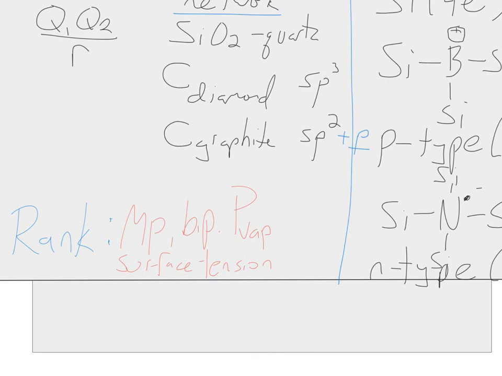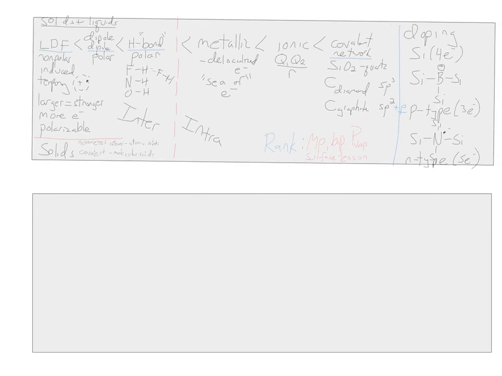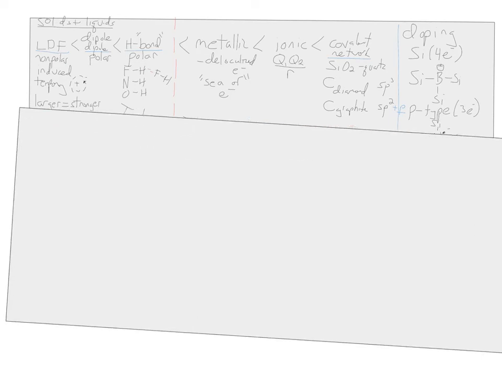Stronger forces are harder to overcome, they have higher energies as well, because they're stronger. So that takes care of solids and liquids. And then when we get into gases, gases don't have those forces because they're so far apart, like we said before. So then we will wrap up by getting into gases.